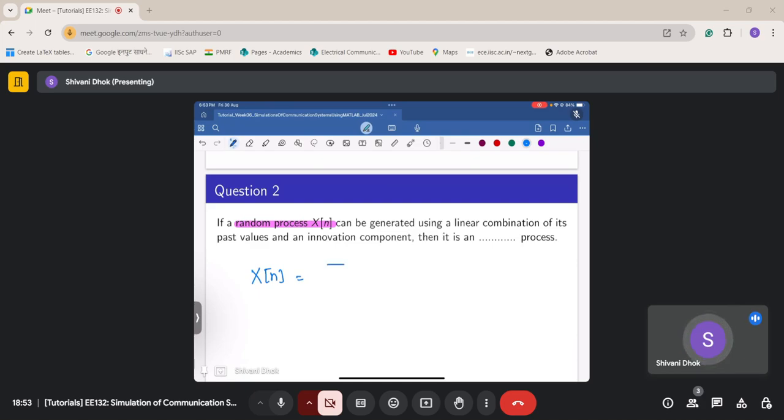So this x[n] can be generated by a linear combination, let's say k equal to 1 to m, of its past values and an innovation component.